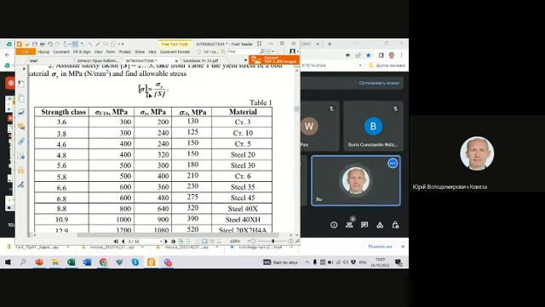But if you take a lower value, you should recalculate to check whether the acting safety factor is enough or not.